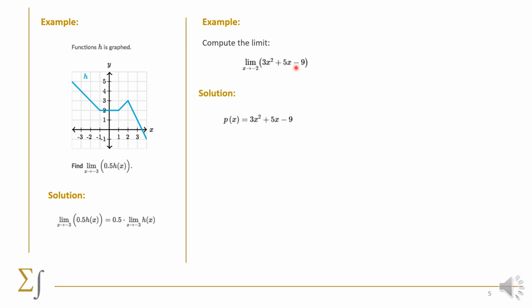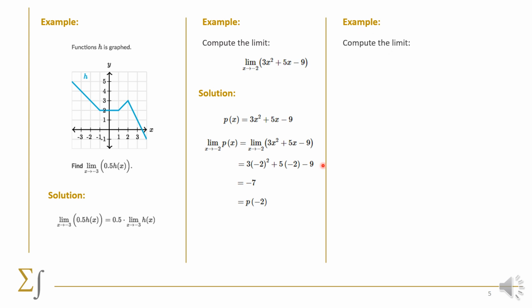So here we have our solution. We have in front of us p of x is equal to 3x squared plus 5x minus 9, and then we take the limit of this p of x. Again, we calculate the limits term by term. We see in front of us the value equal to minus 7, which is simply p of minus 2.